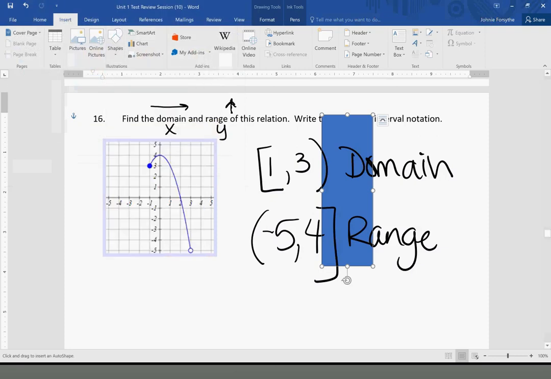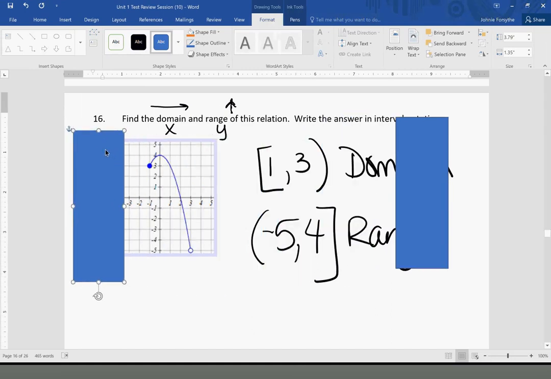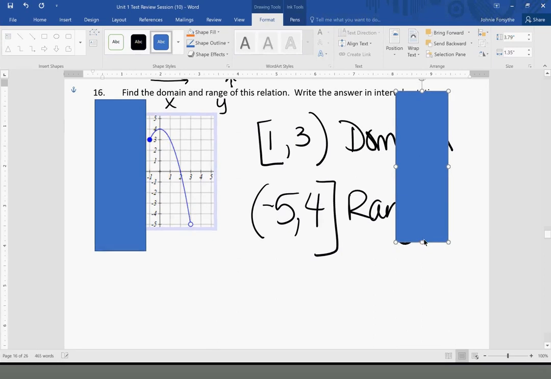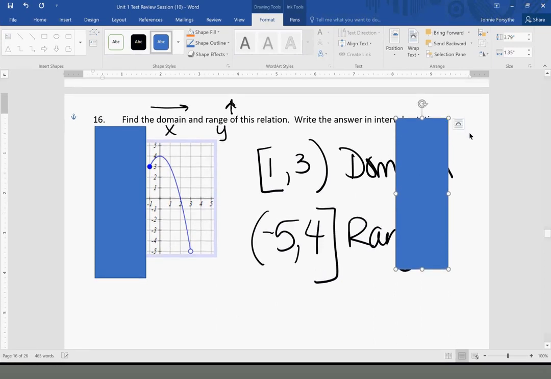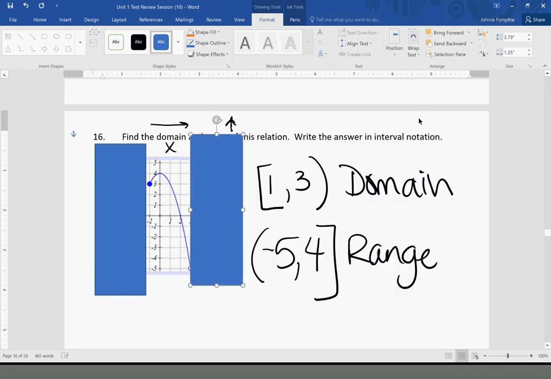I want a shape. Okay. So the domain is referring to my x values. I'm going to use this to kind of help you focus on just the part we want to focus on. Okay. All right, so the domain is just the x values left to right.